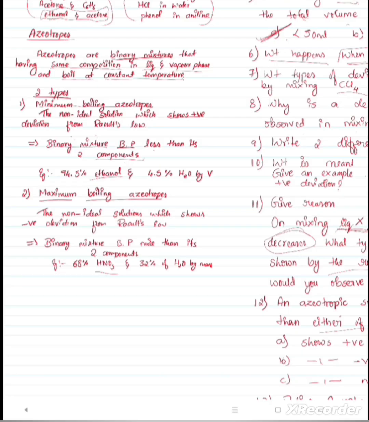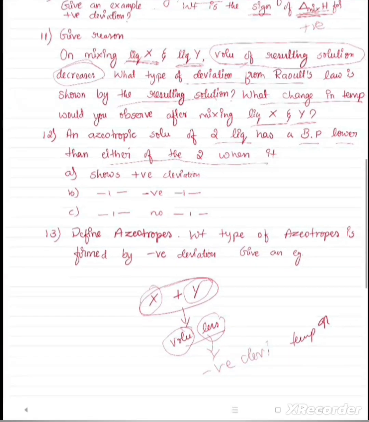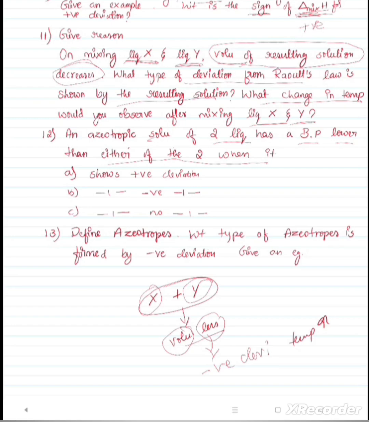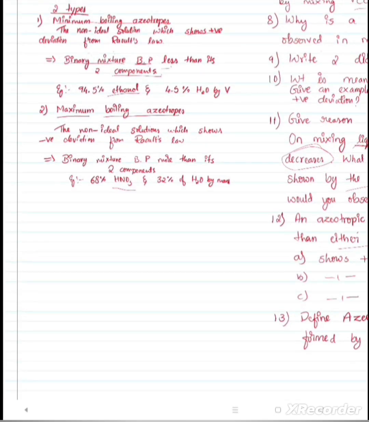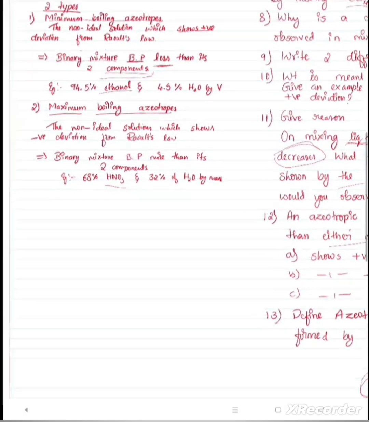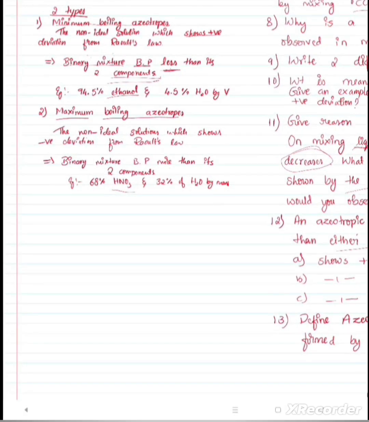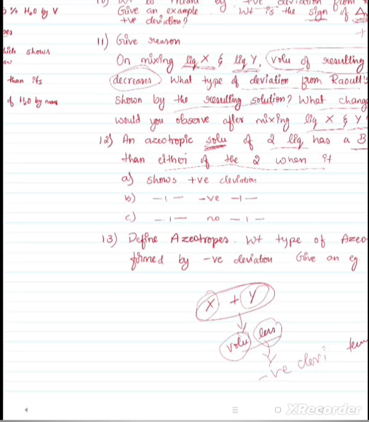Binary mixture boiling point is more than its two components in maximum. Here what they are telling, solution means it is a binary mixture. This solution of two liquids has a boiling point less than the two components. Less than its two components means it is minimum boiling. Minimum boiling means it will show positive deviation.